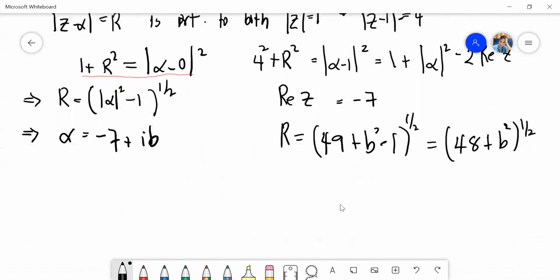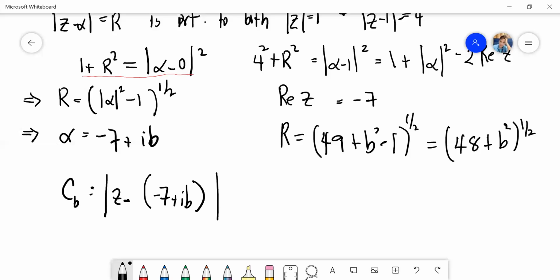So therefore, I would have gotten this circle here. That's z minus alpha. It's supposed to be z minus alpha, but the alpha is -7 plus IB.